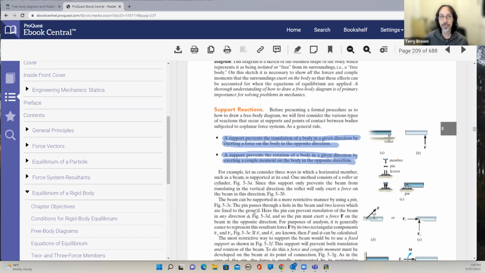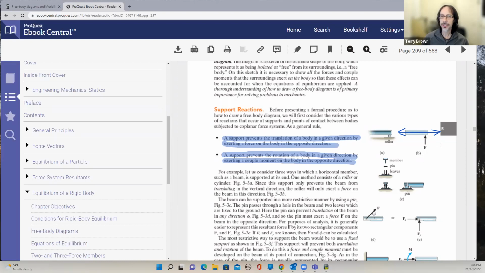Conversely, if the body is free to move, so we can see here, the roller support is free to move backwards and forwards, free to move horizontally. So here, we don't show a horizontal reaction force.